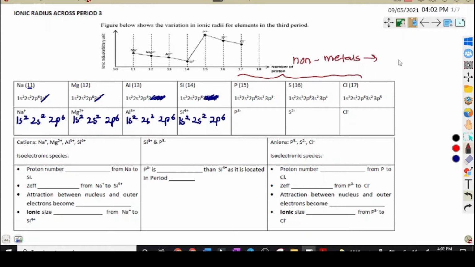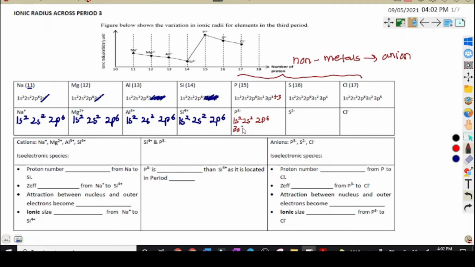So they're going to form an ion with a negative charge, which is an anion. For phosphorus, the charge is going to be 3 minus, so we're going to add 3 electrons to 3p3. So that would be 1s2, 2s2, 2p6, 3s2, 3p6.